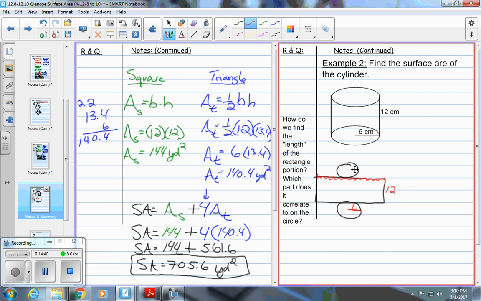The base of this can is a circle. And what do we call going around a circle? Yeah, it's the circumference. So the length right here of our rectangle is really just going to be the circumference of the circle.